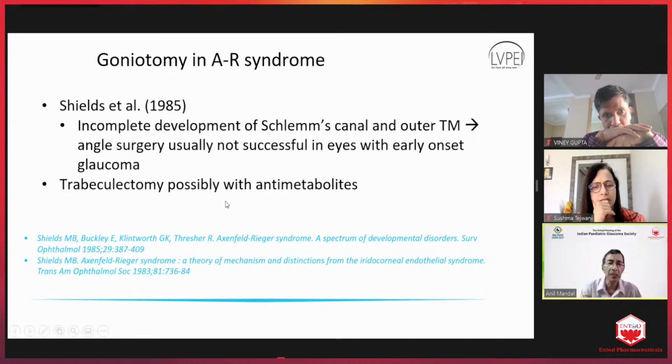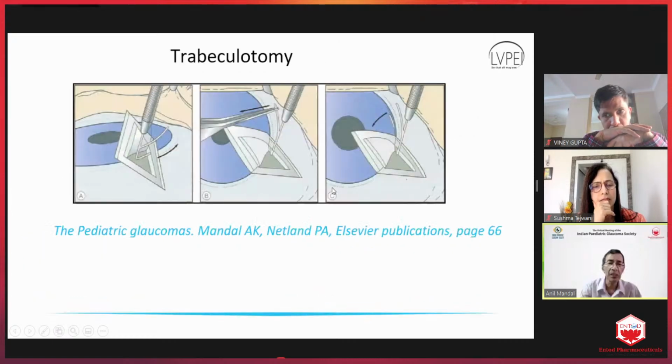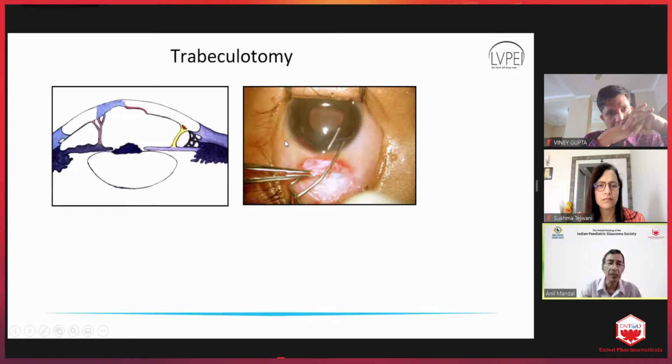Trabeculectomy, possibly with antimetabolite, is the ideal surgical technique. The problem with goniotomy or trabeculotomy is associated with the presence of iridocorneal adhesions, the typical abnormality you see here in the artist's diagram.